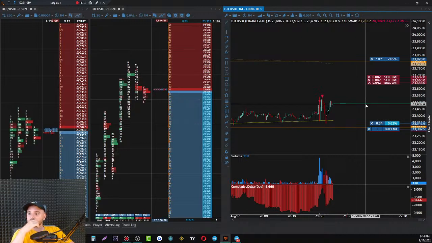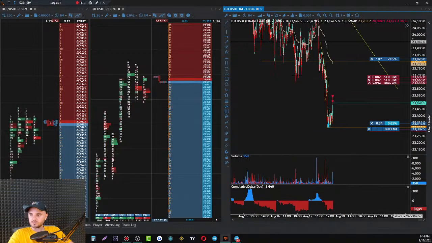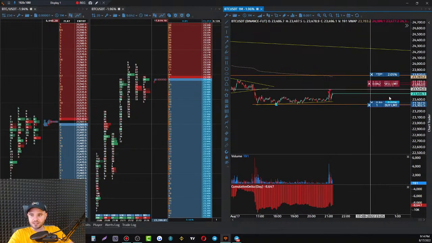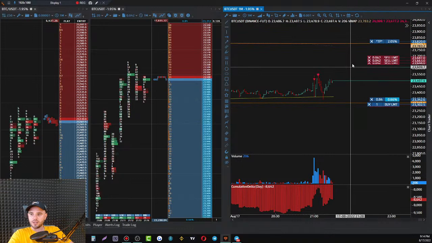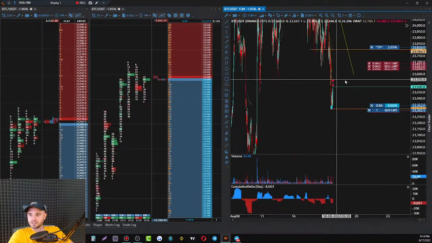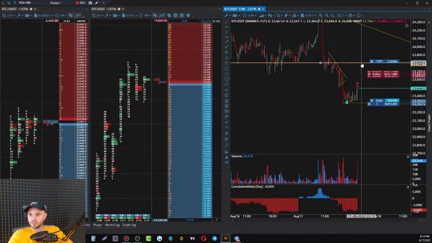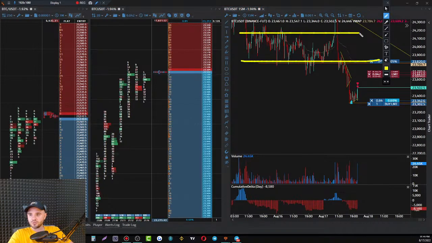At VWAP, if really significant size appears, we would try to take a short at VWAP, because VWAP is not only a small place, it is also a place of this range retest.